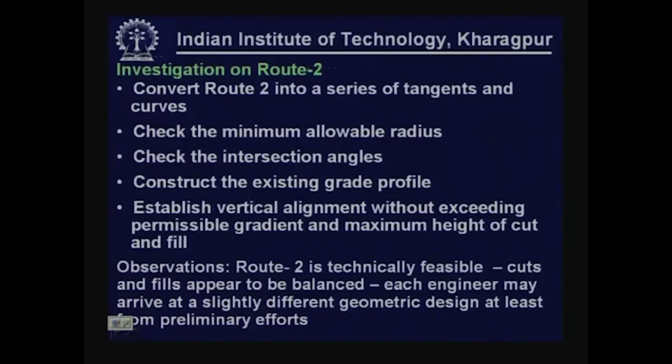You remember that last example, case 1 or route 1: when we tried to satisfy the requirement of the acceptable grade, we had to go for heavy cutting more than the permissible limit, and also cutting and filling were not balanced. So, here in this case we try to achieve that.